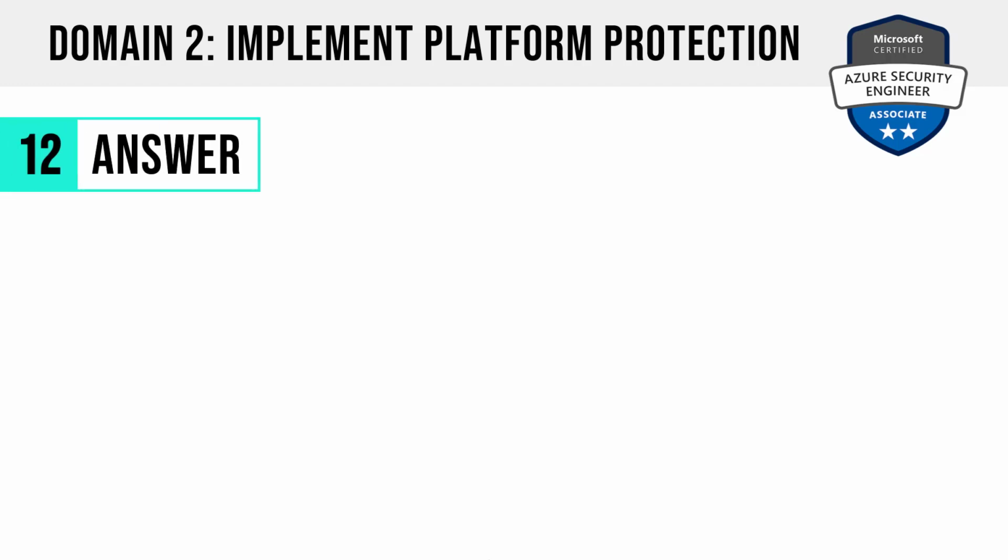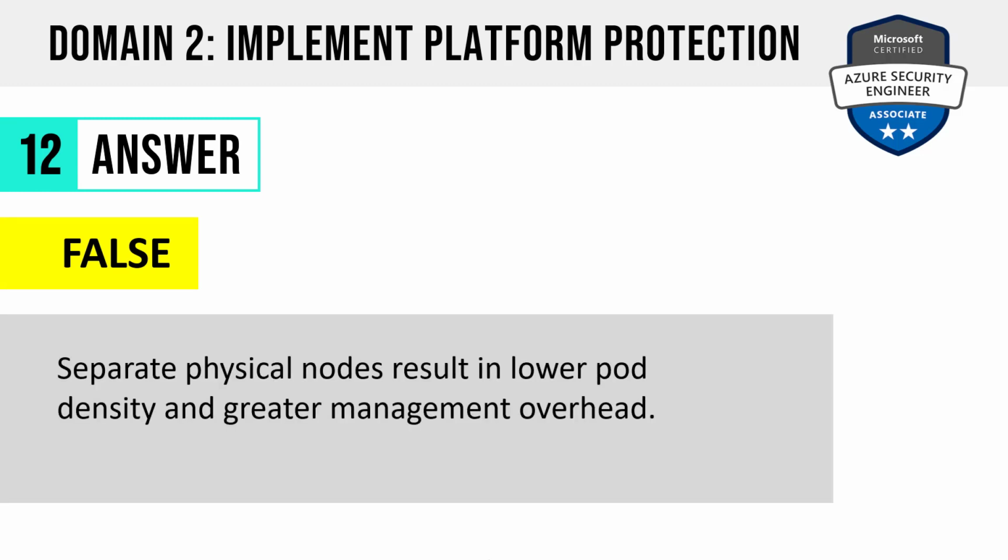And the answer is false. Separate physical nodes running AKS actually result in lower pod density and greater management overhead, and typically greater cost and complexity. The potential for physical isolation is the only real advantage in that physical scenario.